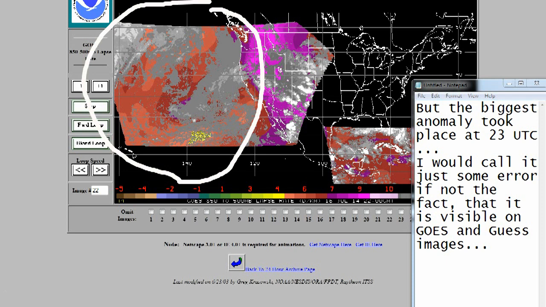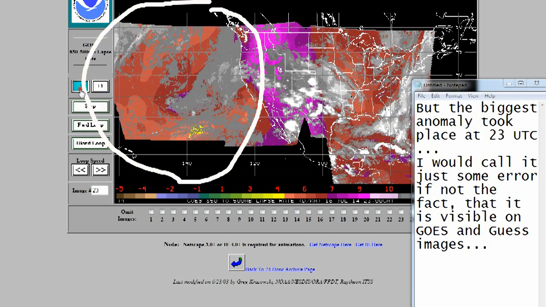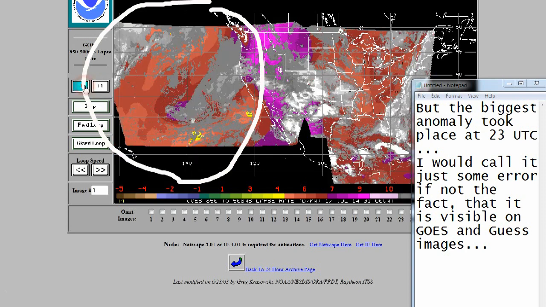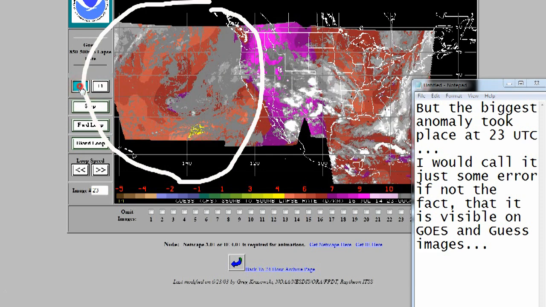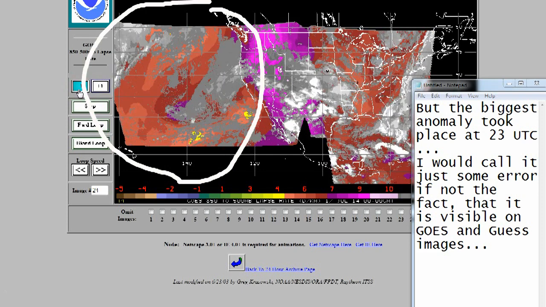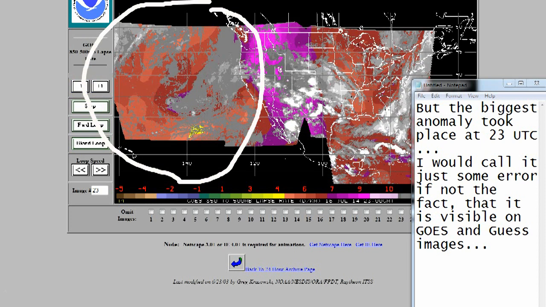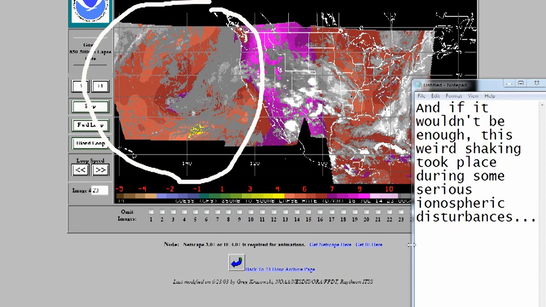I would call it just some error, if not for the fact that it is visible on GOES and GES images. And if that weren't enough, this weird shaking took place during some serious ionospheric disturbances.